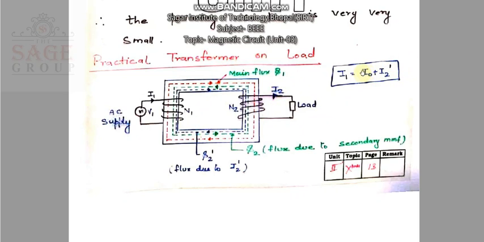And what is this I0? This I0 is the core current. So from here you can easily understand that this I1 mainly supplies two currents for this transformer. First one is the core current, and second one is the current for the secondary terminal. That's why we can write here I1 equals I0 plus I2 dash.